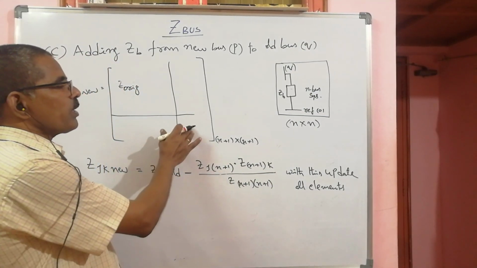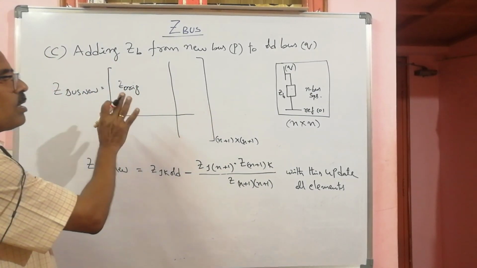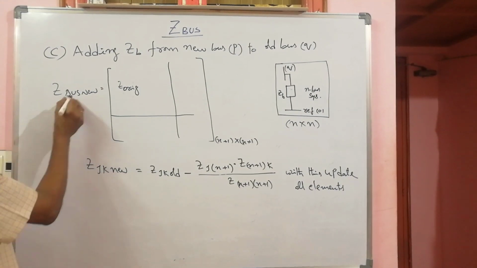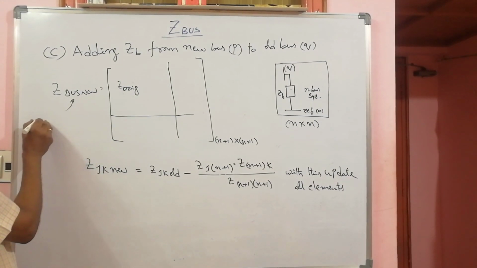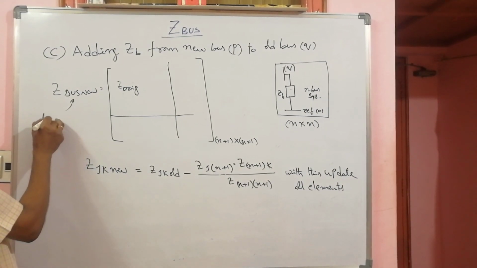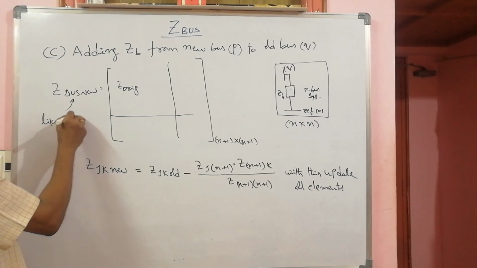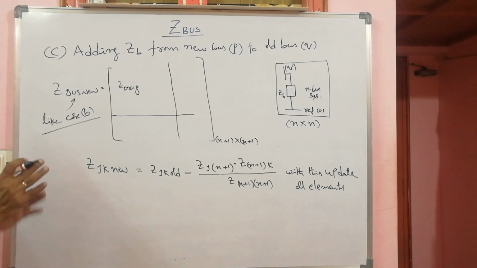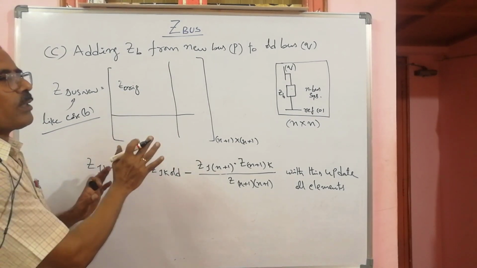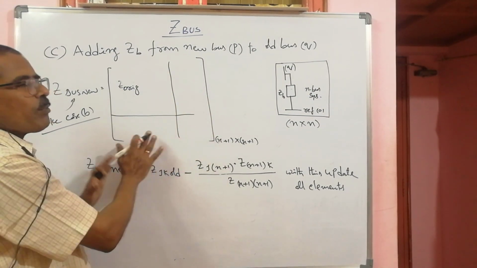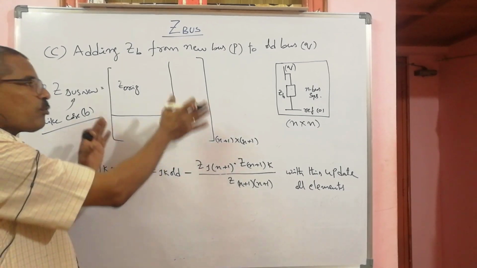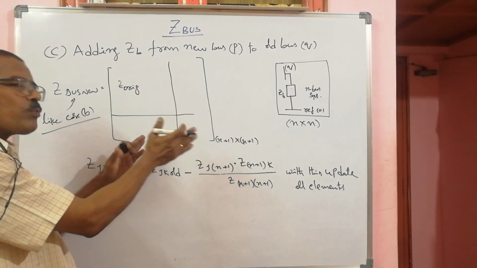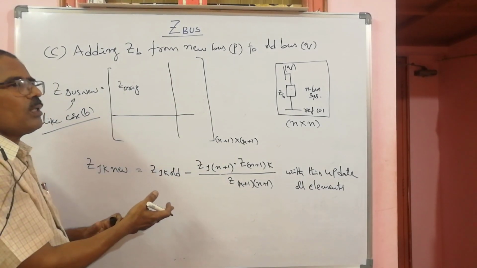So what is Z55? You follow the same procedure, Z bus new, you form like case B. Okay, so like case B you form everything. You are temporarily getting 5 by 5, and that 5 by 5 is to be reduced to 4 by 4.